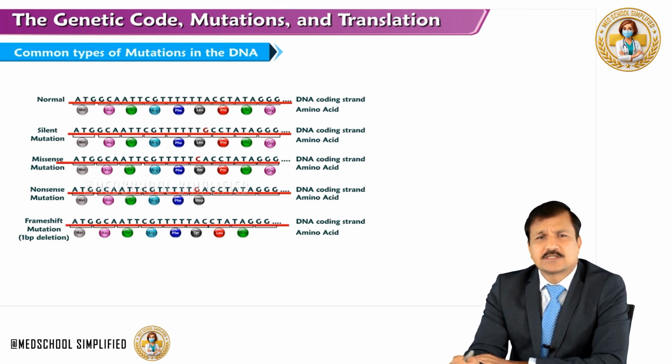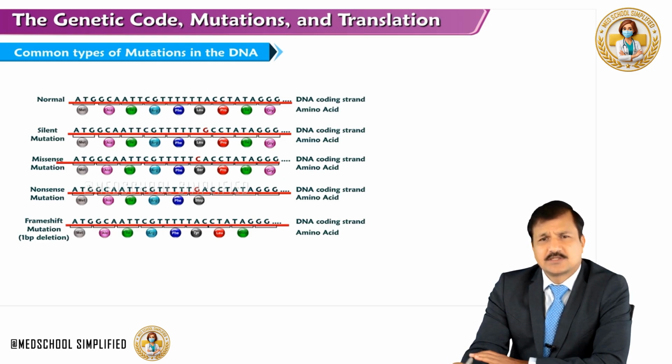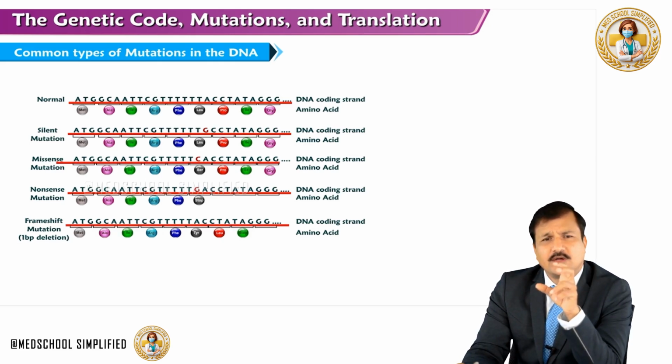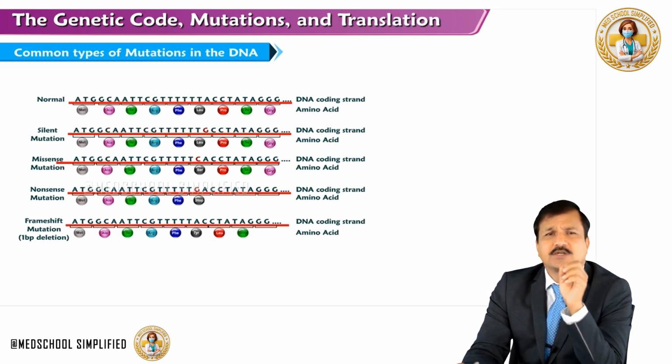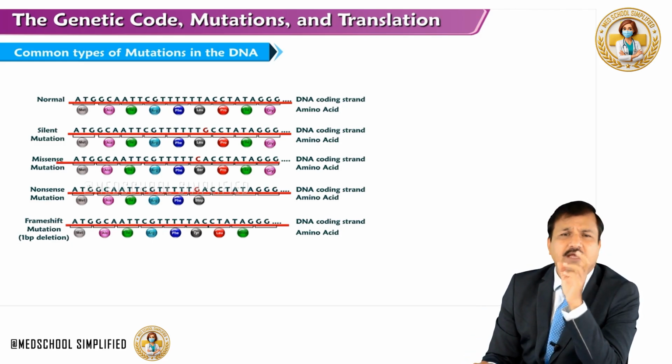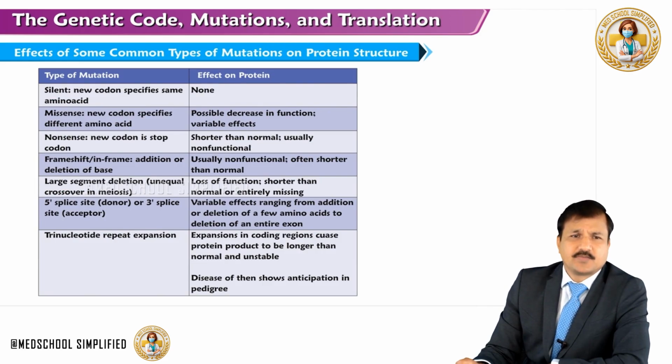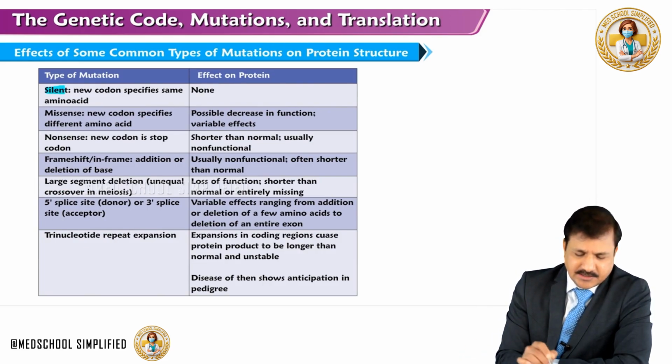Mutations are often classified according to the effect they have on the structure of the gene's protein product. The change in the protein structure can be predicted using the genetic code table in conjunction with the base sequence of DNA or mRNA.